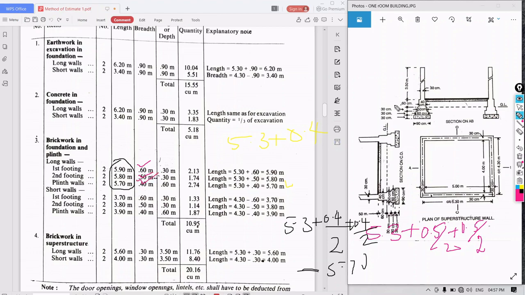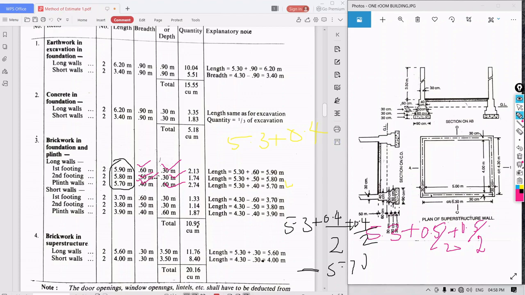So what is the height or depth of each one? That is 30 centimeter for the first footing. Second footing also 30 centimeter. Next is 40. But here, up to the ground level we have to take, that is 60, up to the top level, because here they have not asked for DPC.